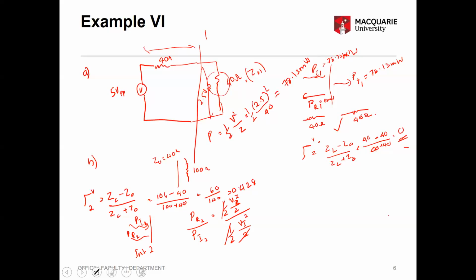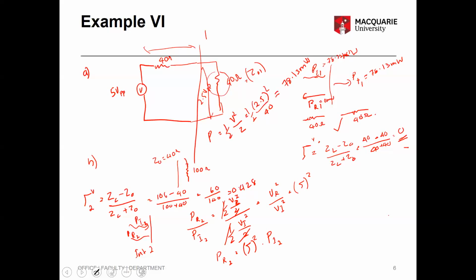When you cancel that out, you get VR squared over VI squared, and that's tau squared. So we can find P reflected in terms of the incident power, which you already know, and tau squared. So it's tau squared times PI2.